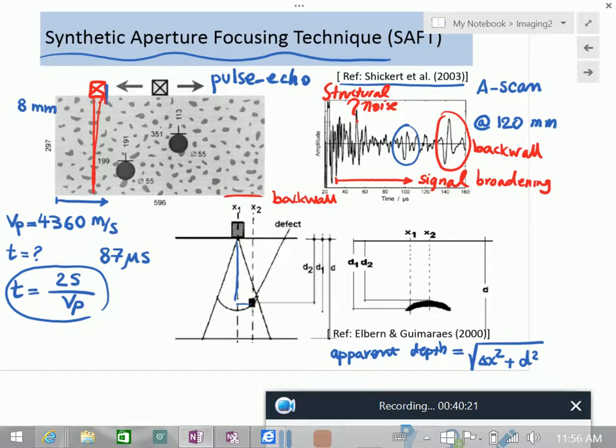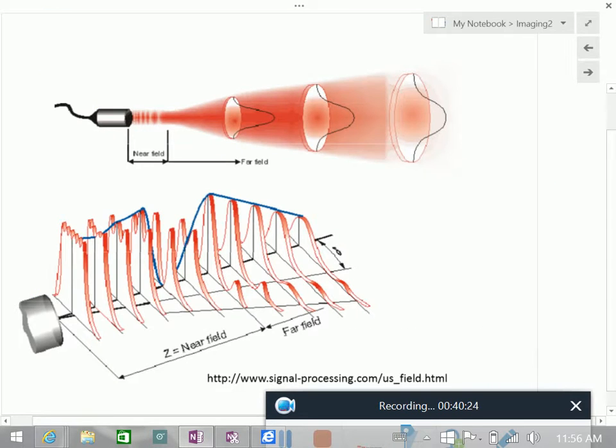Now, before talking about SAFT, since this is very important, let's talk a little bit more about what I told you about the transducer. This is a very important concept. When we have a transducer like this, which is not an ideal point, you have this kind of field. Let's focus on the picture on the top.